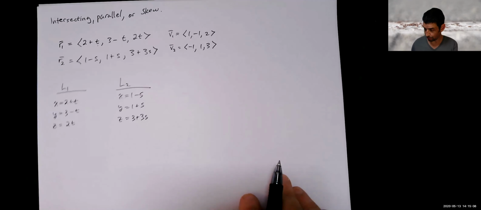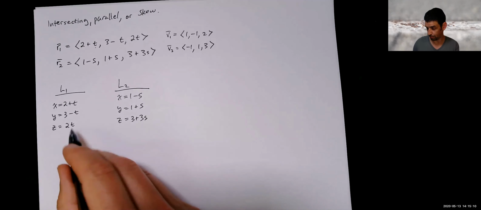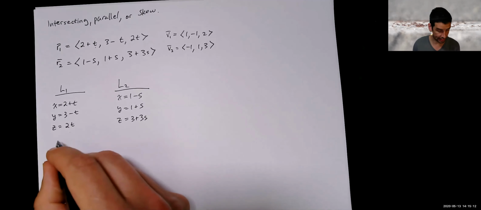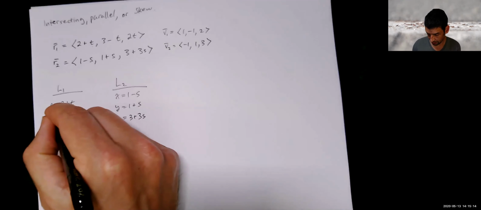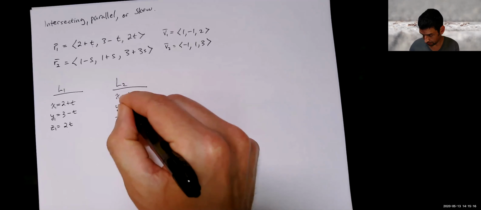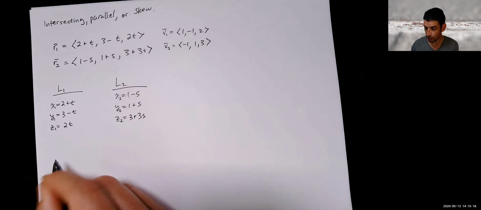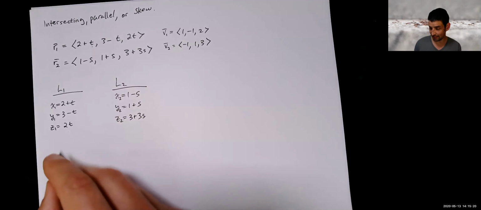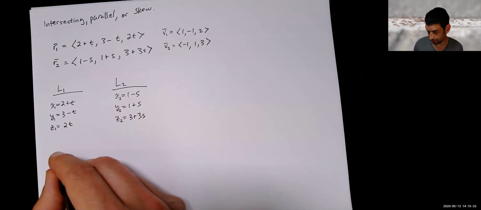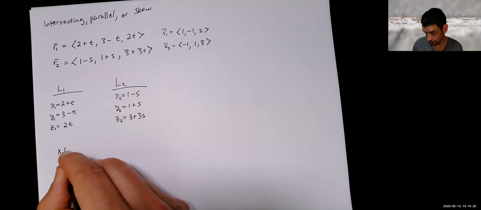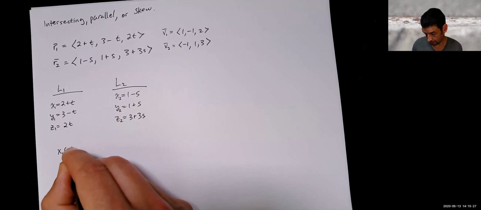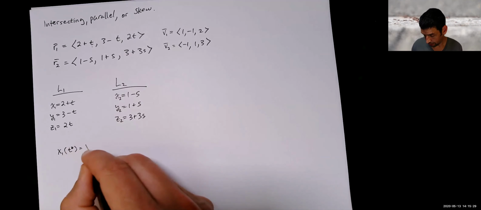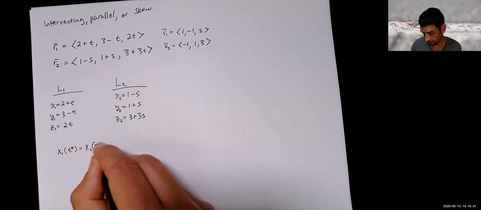So let me write this out a little bit with some symbols. In other words, let's call these x1, y1, z1, and these x2, y2, z2. We need to find a single value of t and a single value of s so that x1 of, let's call it t star, equals x2 of s star.